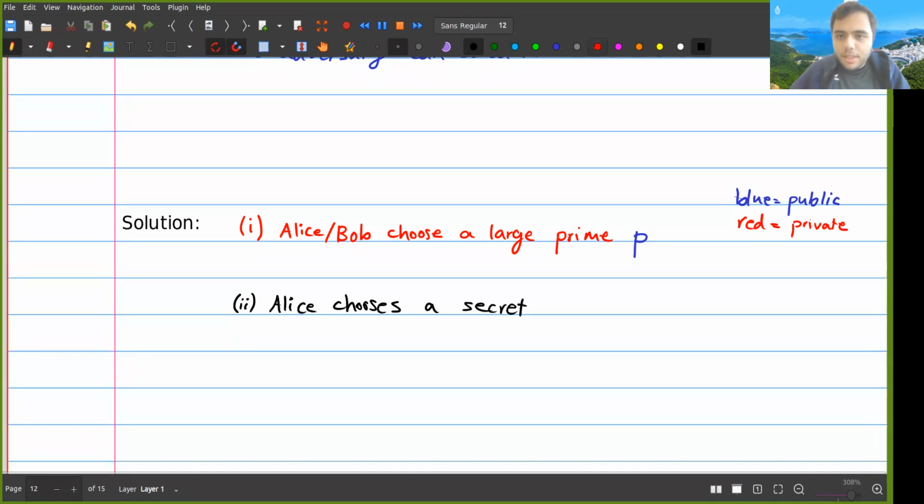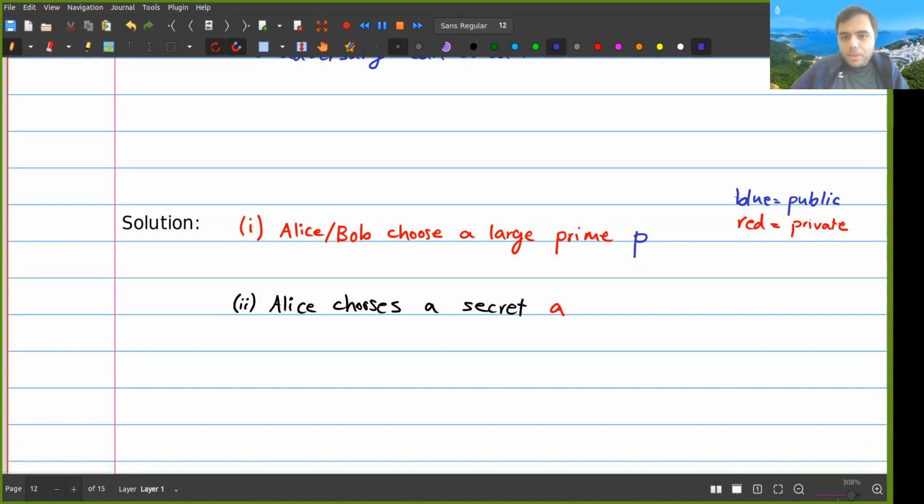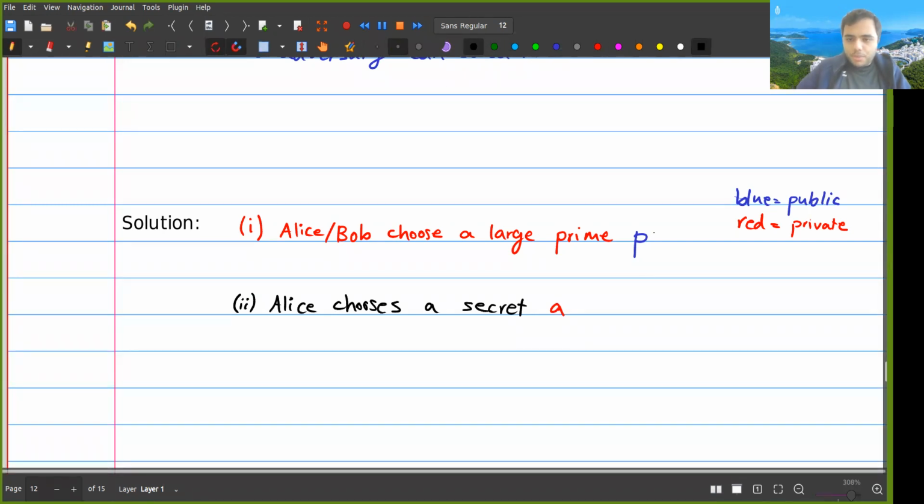Let's call this secret A. And so the role of the prime number that we chose in the previous step is that instead of doing our calculations with general integers, we want to do our calculation with integers modulo P. So I always just take the remainder of division by P when I want to calculate with my numbers.